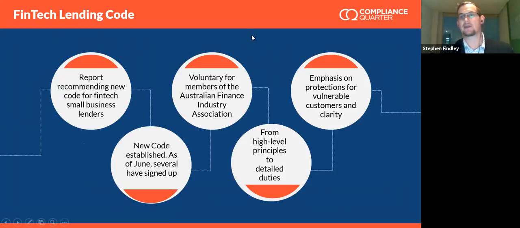So what about the AFIA FinTech Lending Code? I mentioned earlier that there was a report released in February of this year recommending that such a code be introduced, as there was a perception that while there's a range of protections for individual consumers, residential customers, there's not particularly strong protection for small businesses when it comes to accessing lending products.